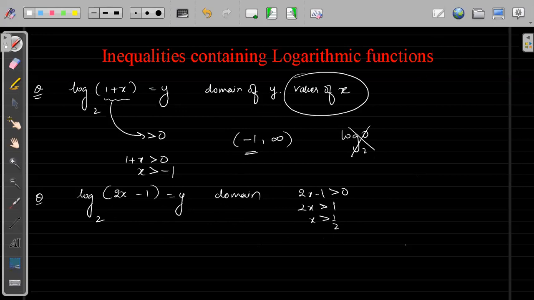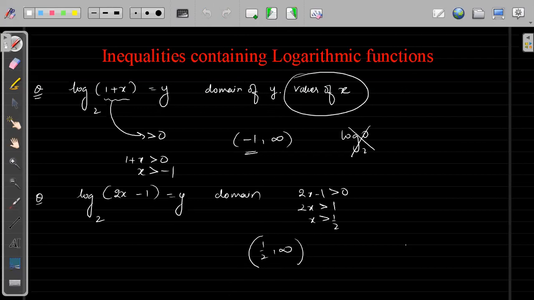The domain becomes 1 by 2 to infinity. How will I know whether it is included or excluded? Because here it is greater than; if it were greater than or equal to, then I would have taken this bracket. Understood? Fine, very good.